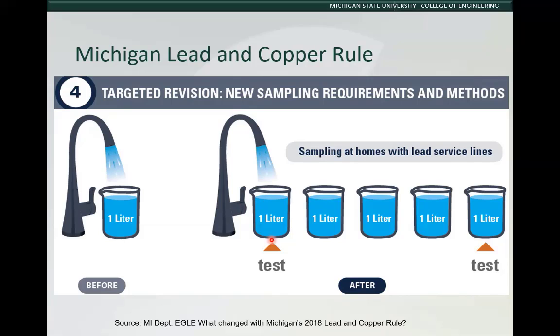This gives you an indication of the lead level that's really coming from household premise plumbing, including the fixtures, because brass fittings contain lead, so that lead can leach from the brass fittings. And then you take 5 sequential samples, you analyze the first one and the last one, and the 5th is an attempt to get a better representative sample of the water that's actually in the service line.